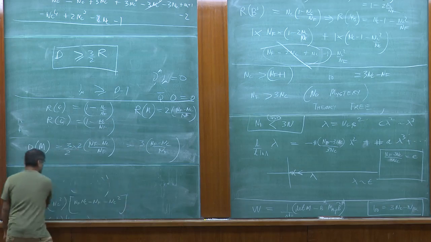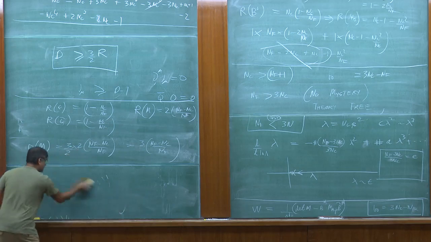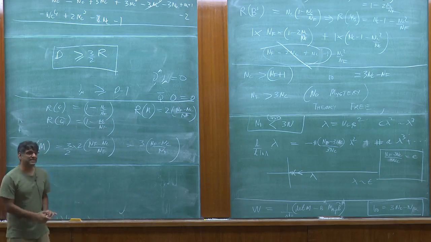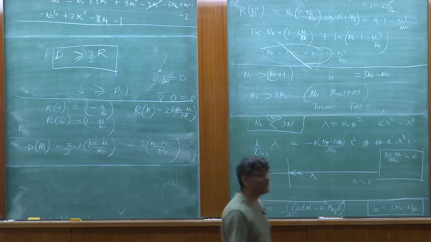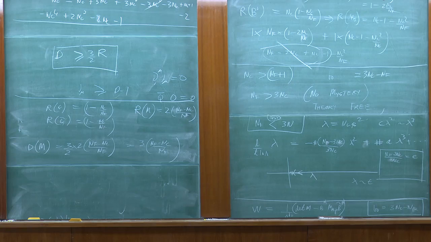So the first check we want to do of this idea is this. Suppose we first look where Kanu wants to look, near epsilon equals 0. There we already know what the dimension of M is, because the theory is very weakly coupled, so the dimension must be that of Q times that of Q tilde. If Q and Q tilde were free fields, each of them has dimension 1.